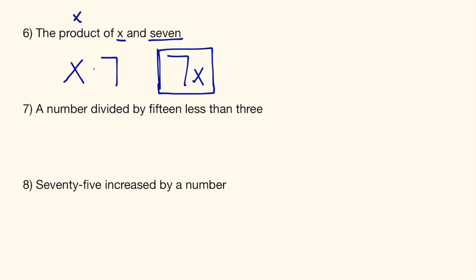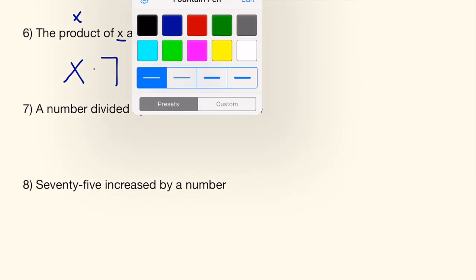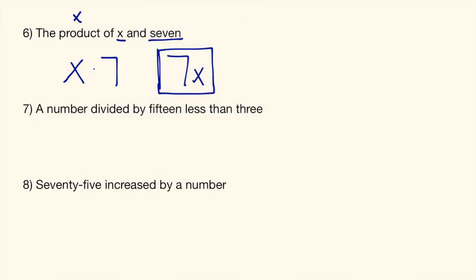A number divided by 15 less than 3. All right, so this is getting a little more complicated. We have a number divided by 15. We can use x in this one, or I mean n, let's stay with n. A number divided by 15 less than 3.